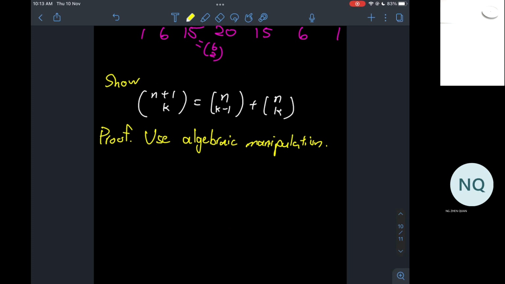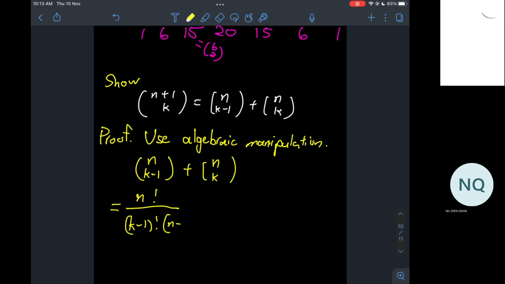So let's start from the right hand side. Remember the formula, n factorial over r factorial times n minus r factorial.